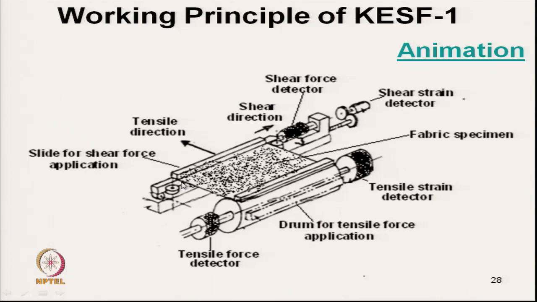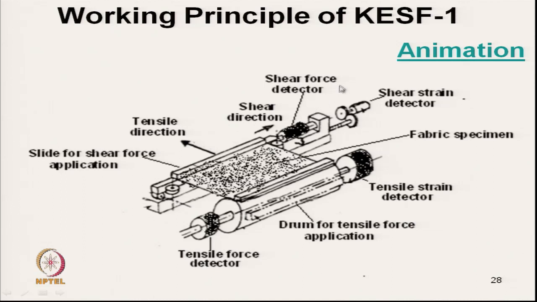Here again we have two sensors. One is the shear strain sensor, which works from the rotational angle, and if we know the gear ratio, we can calculate the shear strain, how much shear is taking place.